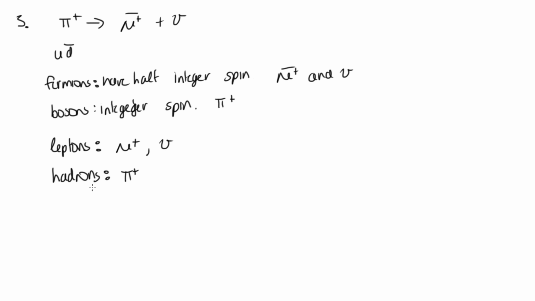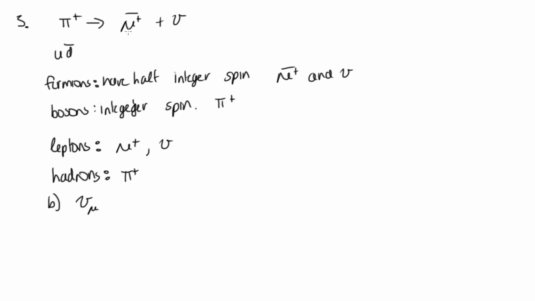Okay, part B then says, what is the type of neutrino created in this decay? Okay, so here we have an anti-muon. So we create not an anti-neutrino, a proper neutrino. And so this is going to be a muon neutrino, so that the muon lepton number is conserved. Whenever we create a muon, we create an anti-muon neutrino.